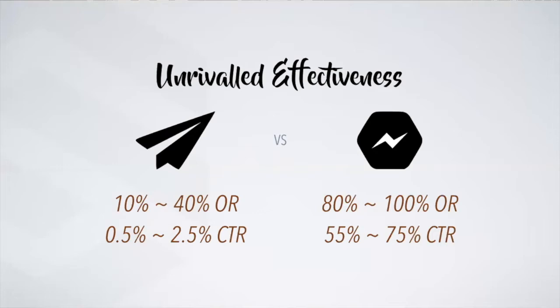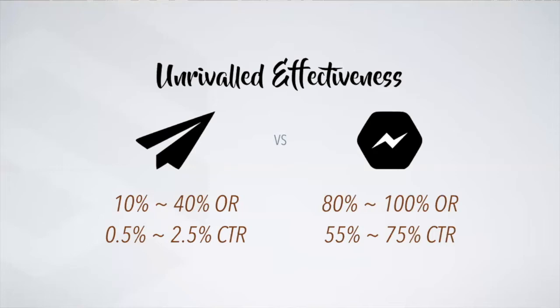If you look at your own email box, you will see that there are tons and tons of emails that you may have subscribed to, but you never bothered to open. So 40% is actually on a very high side. 10 to 20% is the generic open rate for email marketing, and 0.5 to 2.5% click-through rate. You'll be happy if you get that.